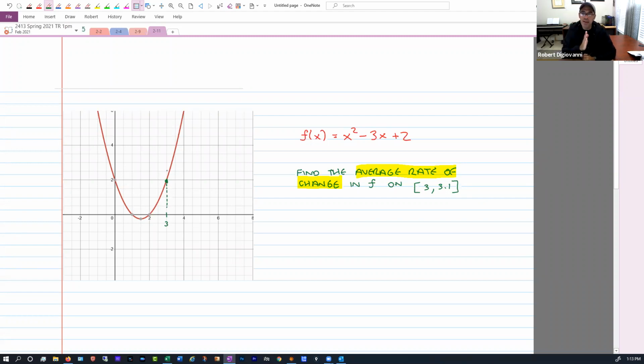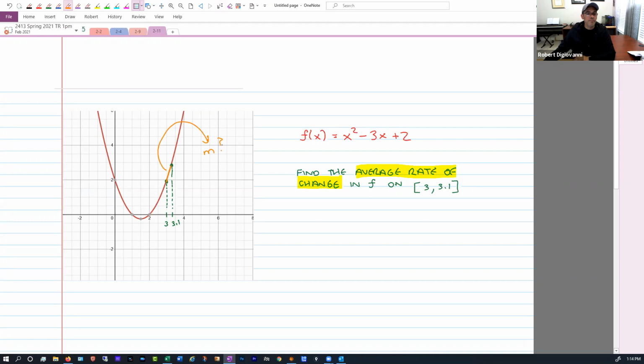Then I'm going to go just slightly to the right, to 3.1. I'm going to exaggerate this to make it easier to draw. 3.1 is a little bit to the right of it, isn't it? Then I go up and I have another dot right here. And what we're trying to find is the slope of the line that connects those two together. The question is, what is that slope?